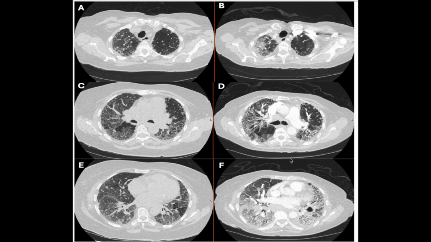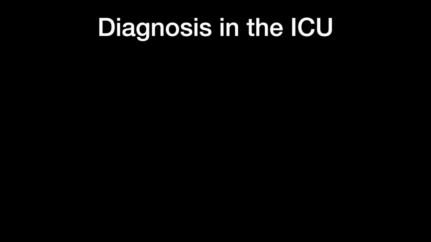However, on the B, C and D, you can see there are a lot of acute changes in the CT. You can see diffuse ground glassing, increased interstitial infiltrates. This represents that there is an acute exacerbation in the ILD. So, comparing the baseline with the exacerbation highlights the importance of longitudinal follow-up and helps us in making the diagnosis of exacerbation. So, how to diagnose it in the ICU?